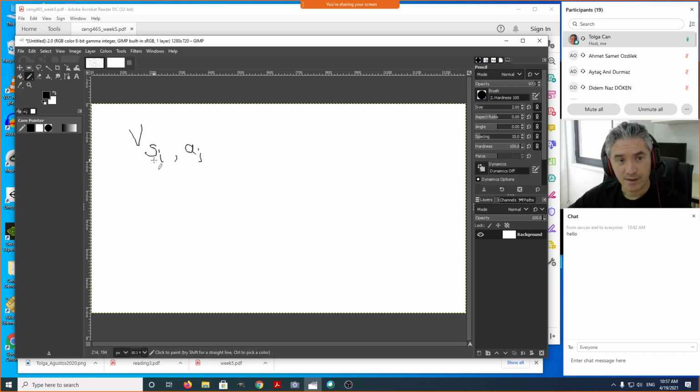By changing these subscripts, I can have all the possible states. For example, this Si could be M1, it could be D2, it could be M2, it could be I1. So the state can be anything. And for the sequence, the first letter may be, for example, G, the second may be a T, but if you just write GT like this, it doesn't specify which one in the sequence.